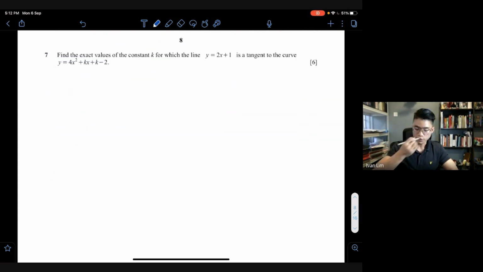Question 7. Find the exact values of the constant k for which the line y equals 2x plus 1 is a tangent to the curve y equals 4x squared plus kx plus k minus 2. Okay, we want exact values.